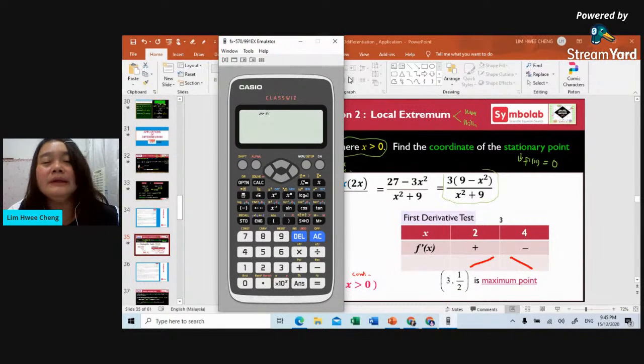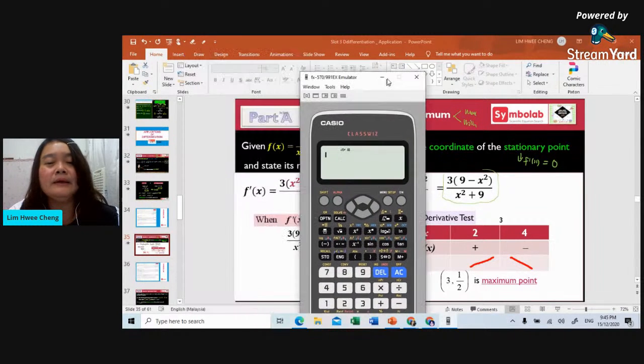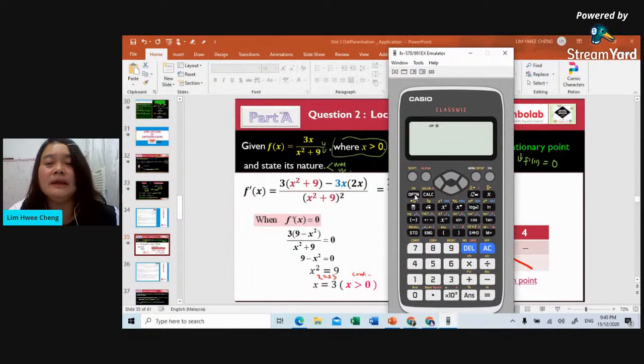Okay, so during the exam, you just simply key in the function. Function ini, you use the calculate function. So, you masukkan you punya fungsi 3 alpha x ini.